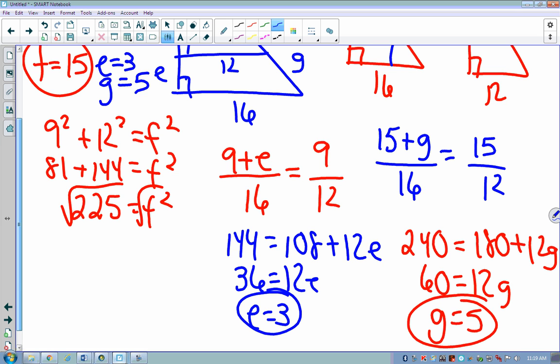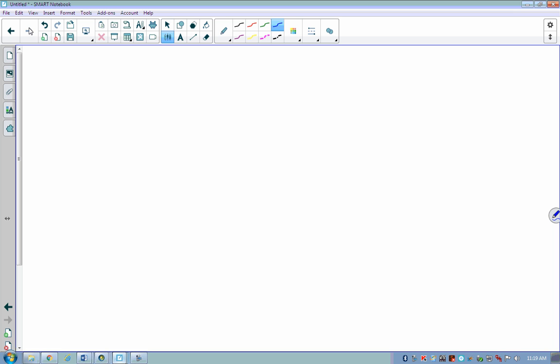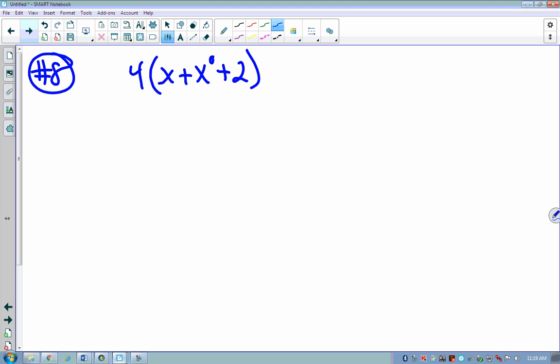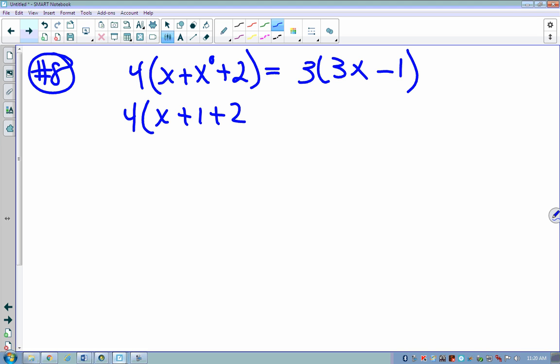Number 8. We have 4 times x plus x to the 0 plus 2 equals 3 times 3x minus 1. At this point, I'm kind of going to take over, maybe not ask as many questions. This is going to be 4 times x plus 1 plus 2. Okay?